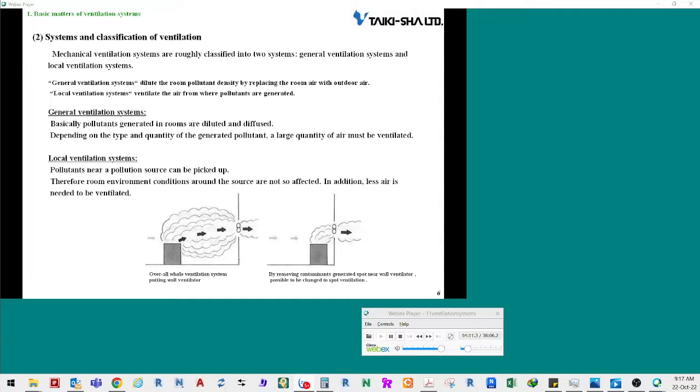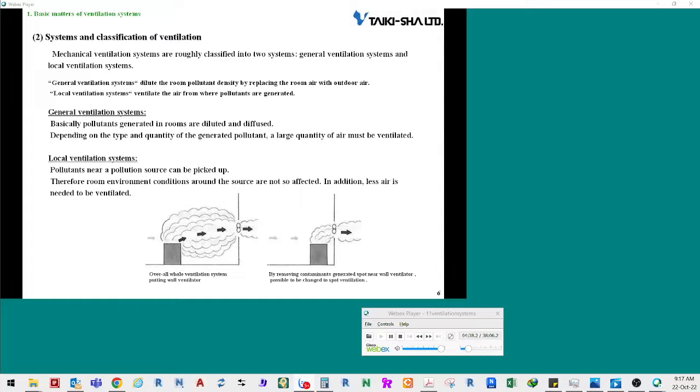If a pollutant source is not in a specific place, a general ventilation system is applied. This system is adopted in places including the living room. If a pollutant source is identified, a local ventilation system is applied. This system is adopted in rooms, kitchens, laboratories, and restrooms.